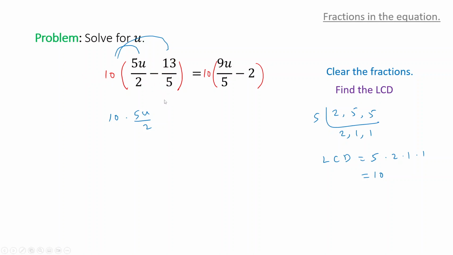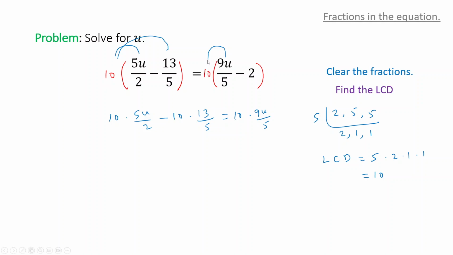If you multiply, you will get negative number. 10 times 13 over 5, that is equal to, now multiply this and this. This is positive, this is also positive. You will get positive 10 times 9u over 5.